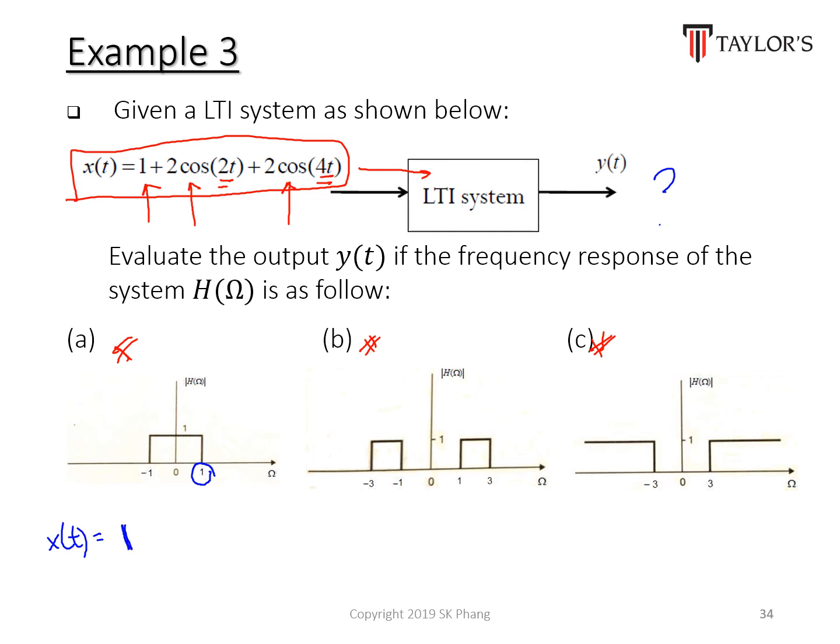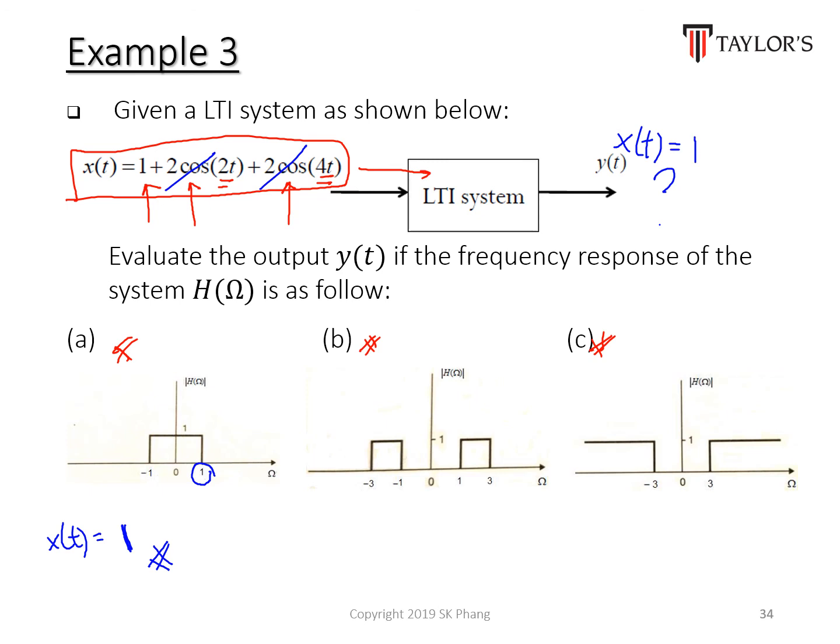The constant is 0 frequency. Cosine of 2t is above 1 because it's 2t. Cosine of 4t is again above 1 because it's 4t. So now your output becomes 1. You have essentially cut off two of these terms. Your output will be just a single 1 without any other frequency.